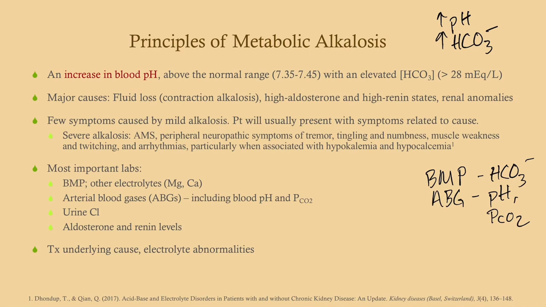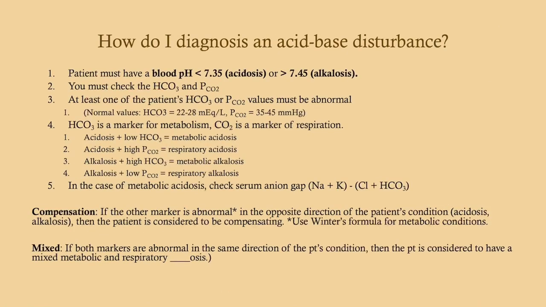As we're going to see, a urine chloride is important too, to see if this is a problem with the kidney or if it's a problem usually with the GI tract where you can lose chloride. And then we want to check the aldosterone and renin levels if we have a metabolic alkalosis where you are not retaining chloride. Okay, so this is how you diagnose an acid-base disturbance.